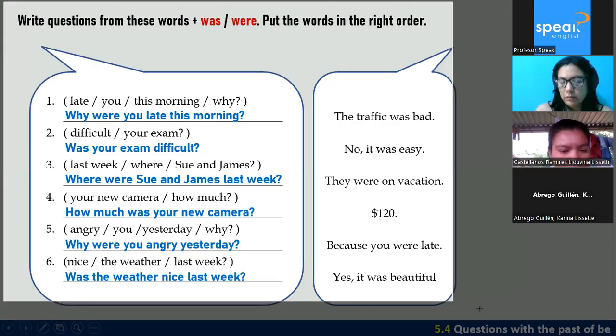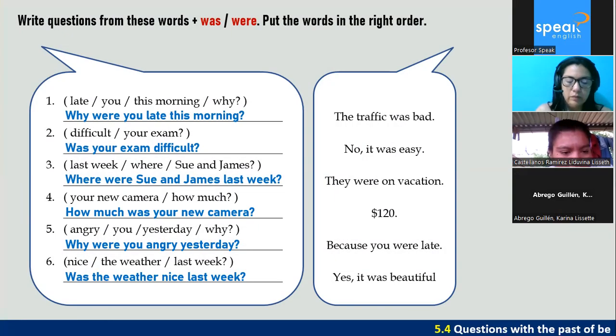Permítanme, voy a compartirles esto también acá. Ahí está. Deme un momento. Ayer vi que estaban con que Leila les compartió una lista.